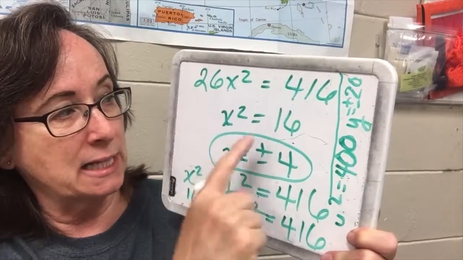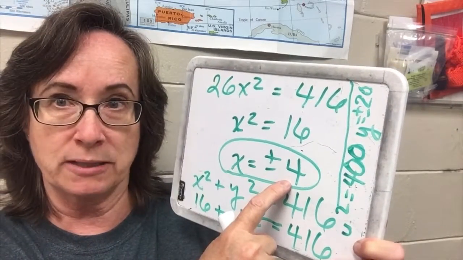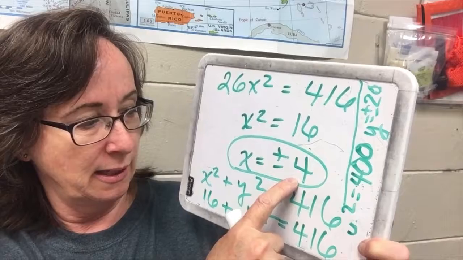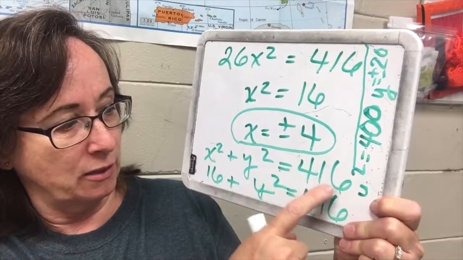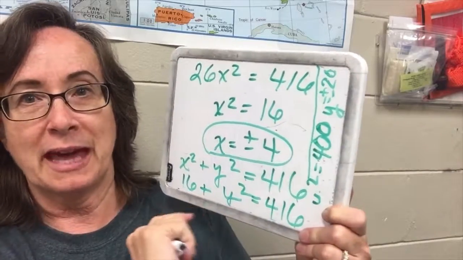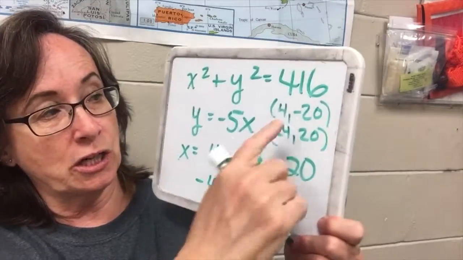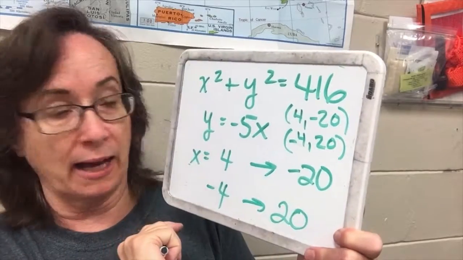When I divided both sides by 26, I got x squared is 16, which gives me two answers, plus or minus 4. Then I took them back into the equation, and I found that my y was plus or minus 20, but I still needed to get more specific and put whichever one goes with which x.